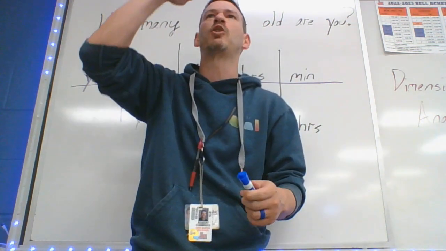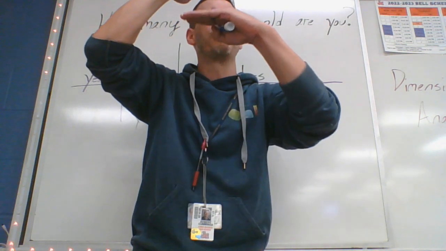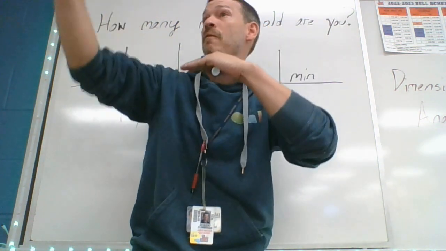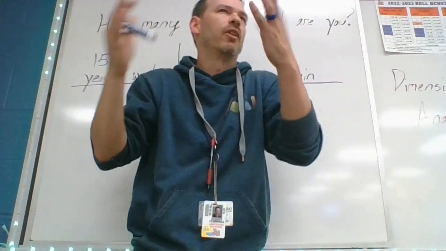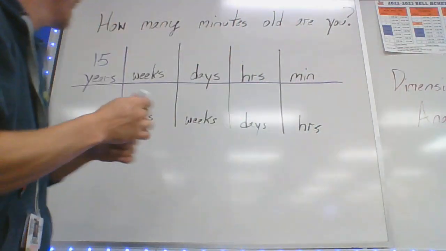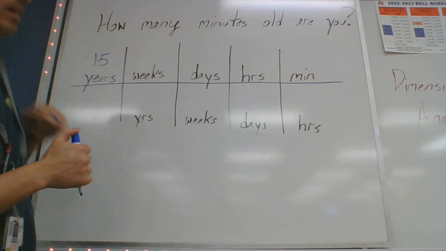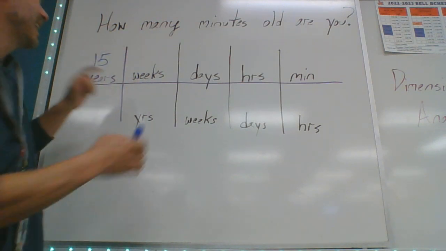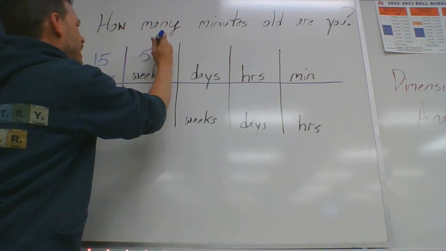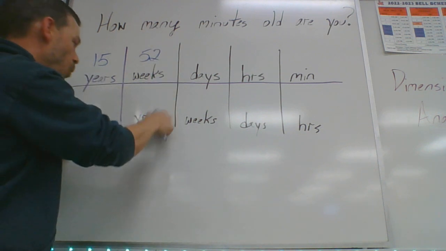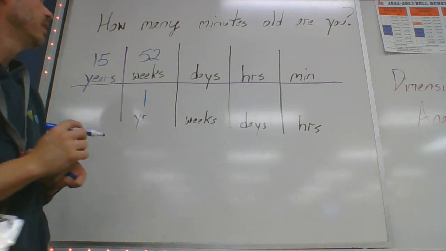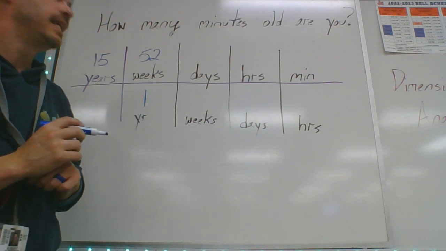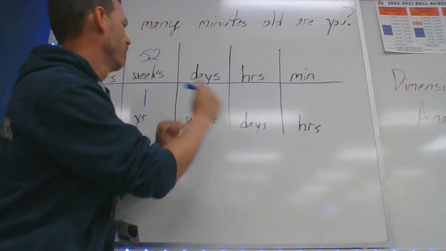Like if one of them said 12 inches, what should the bottom one maybe say? 1 foot, because 12 inches and 1 foot are the same, even though they're different, right? So with that said, what two numbers make these the same? 52 weeks in 1 year. What numbers make these the exact same?